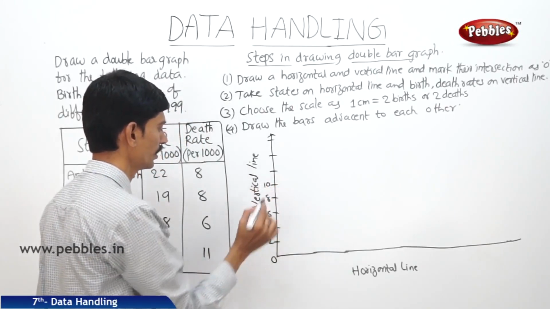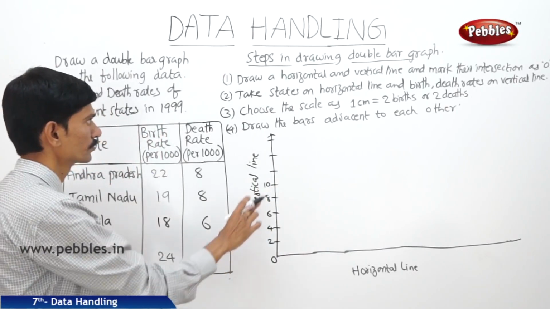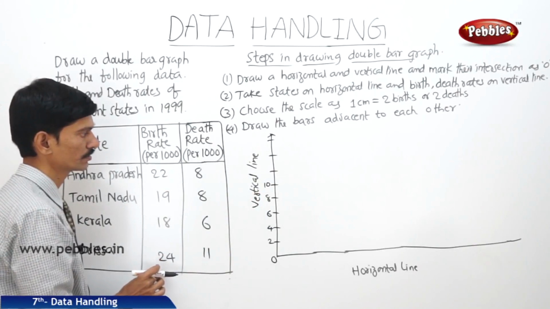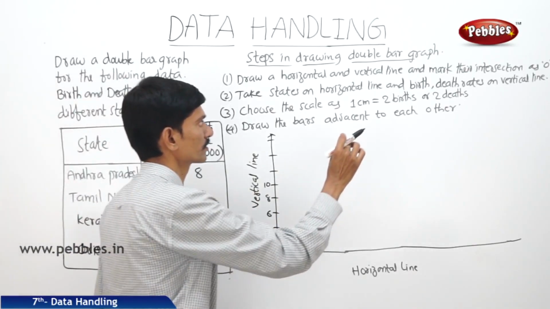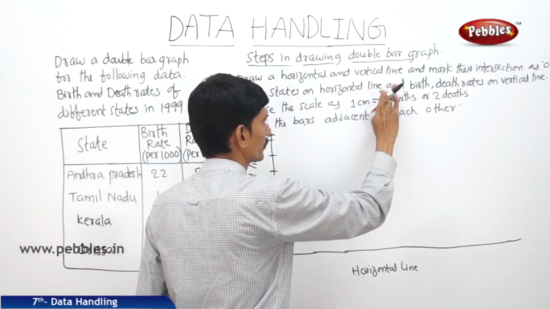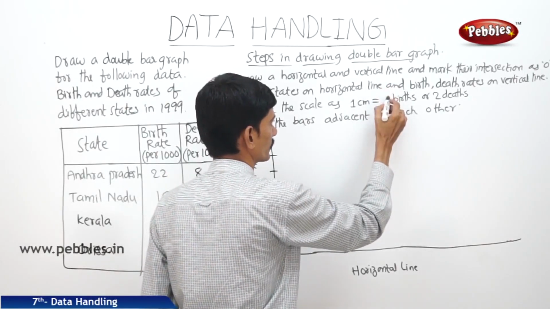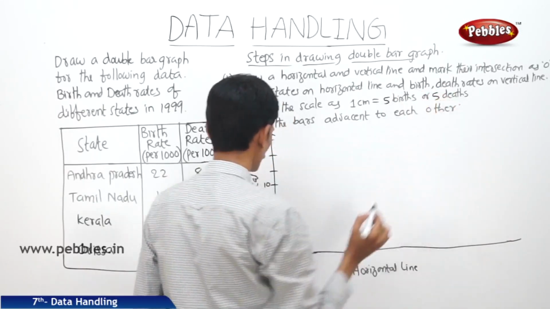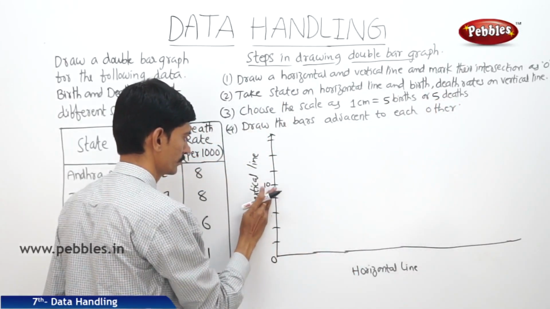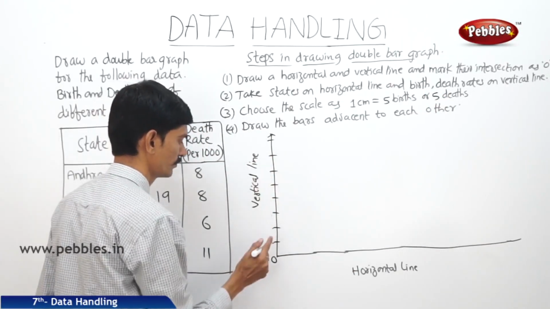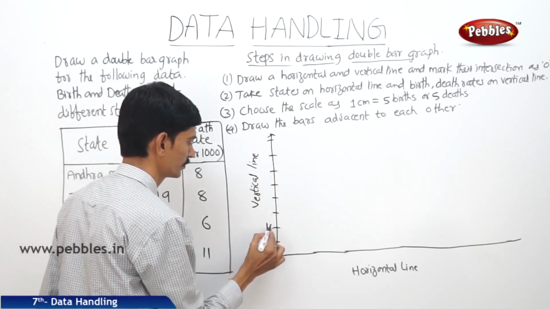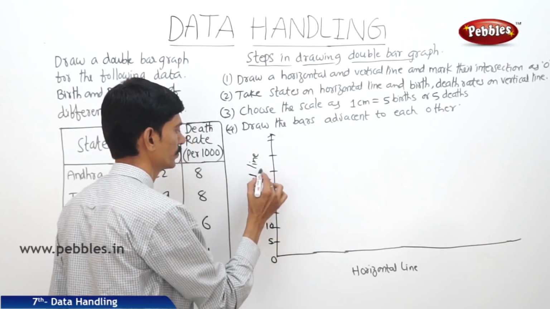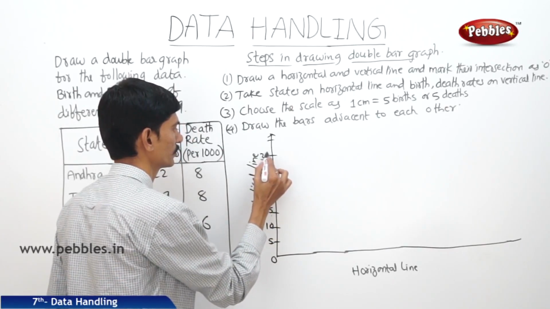If you take the scale as 1 centimeter equal to 2 births or 2 deaths, we cannot show 22 or 24 births. So then we take the scale as 1 centimeter equal to 5 births or 5 deaths. Then we get 0, 5, 10, 15, 20, 25, 30 and 35.